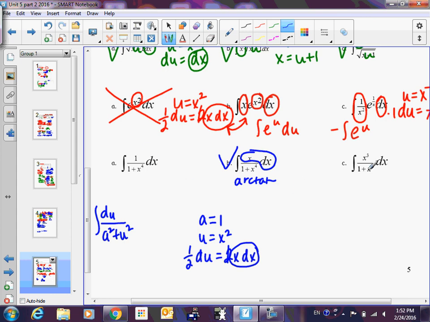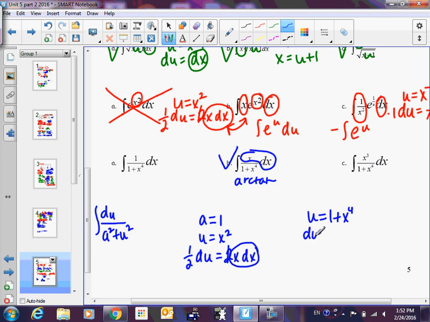So A and C, any other ideas how those might possibly be integrated? What's another thing we did before we learned about arctan? What did we let u equal? The denominator. So let's do that. If u equals the denominator, one of these is going to work and one's not going to work.